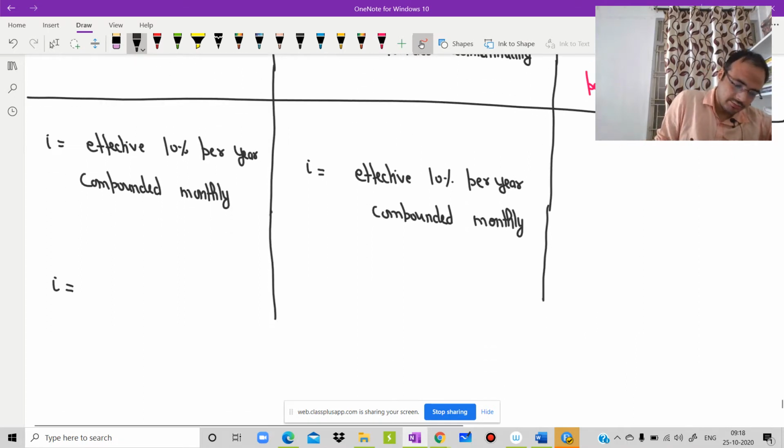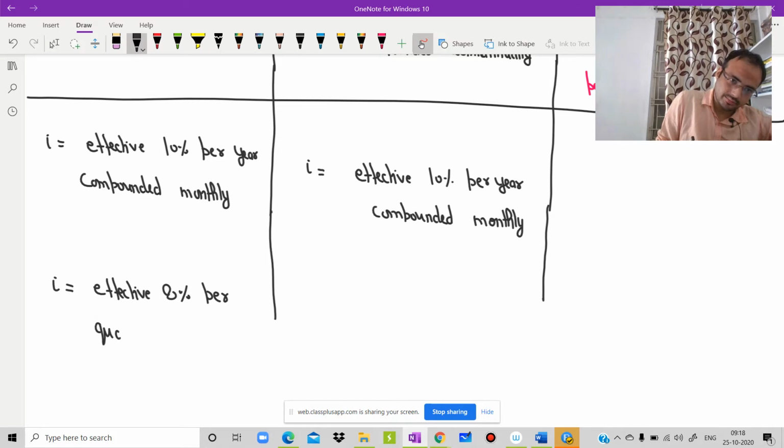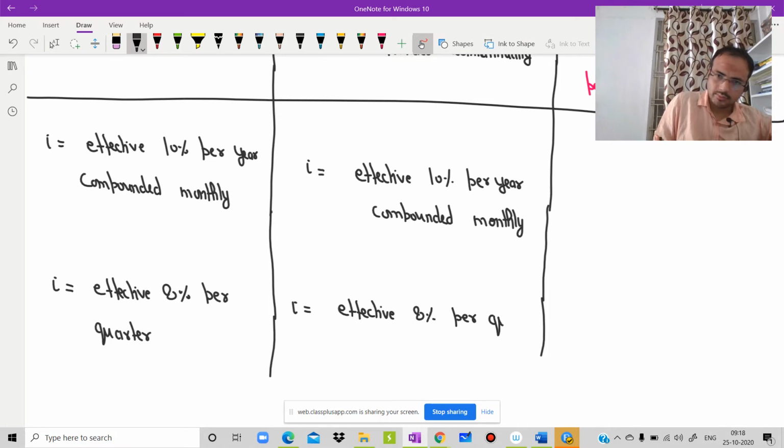You have I is equal to effective 8% per quarter. It means I is equal to effective 8% per quarter, compounded quarterly.